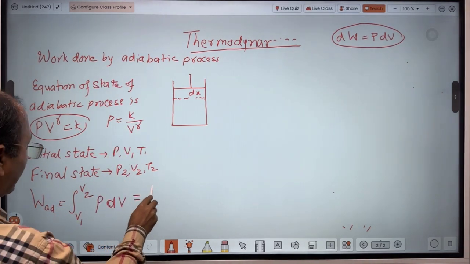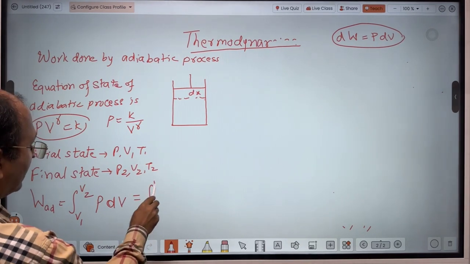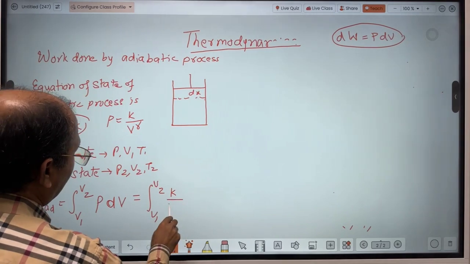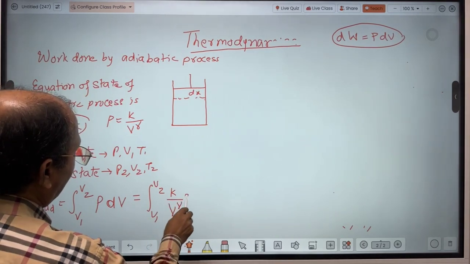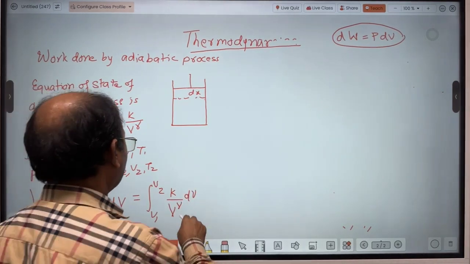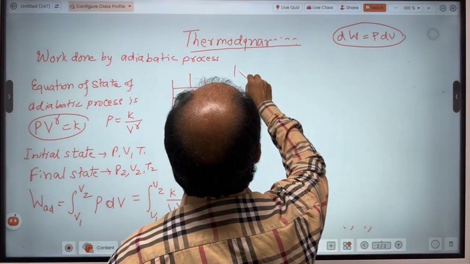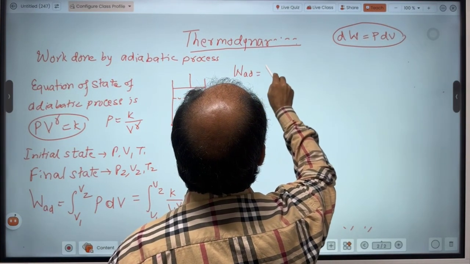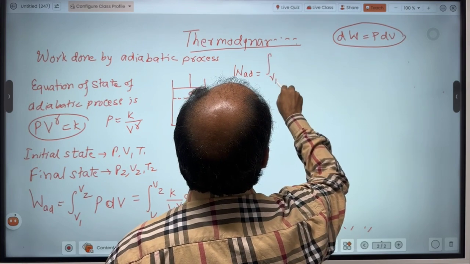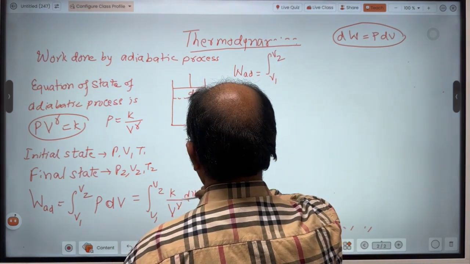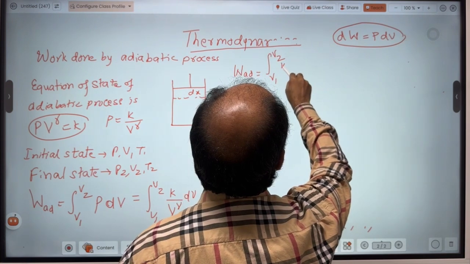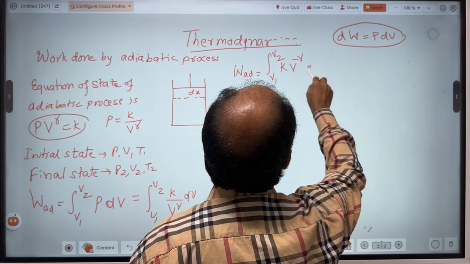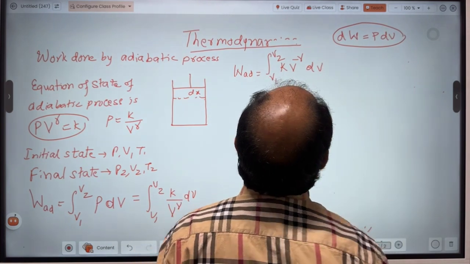So here we write integration of V1 to V2, K V power minus gamma dV, right?